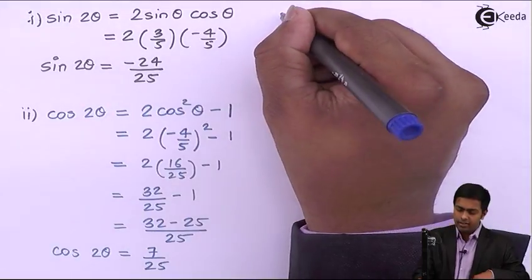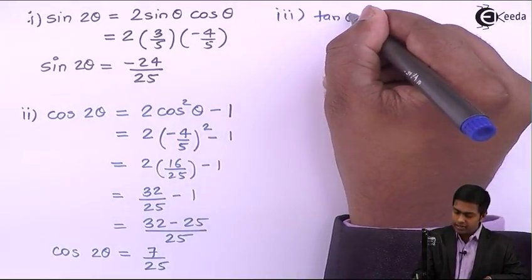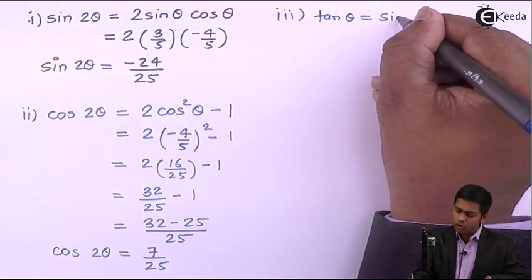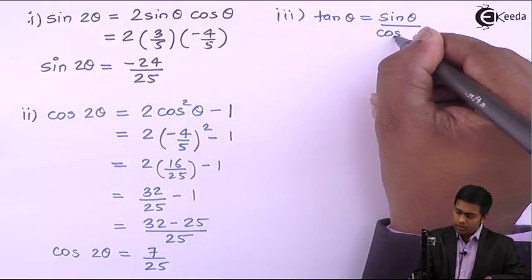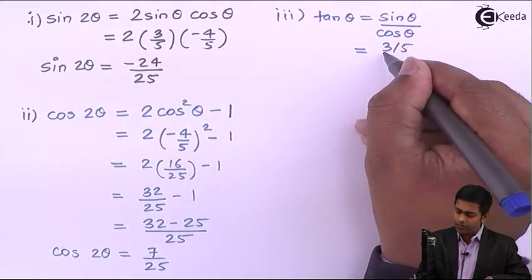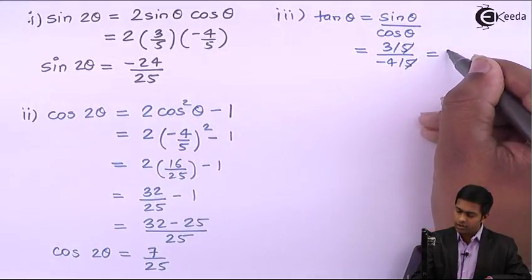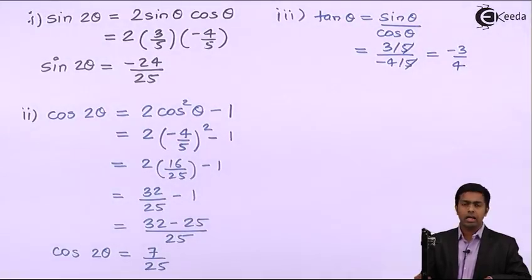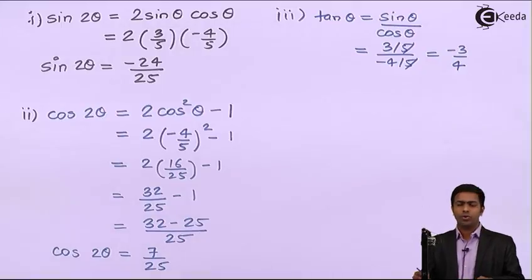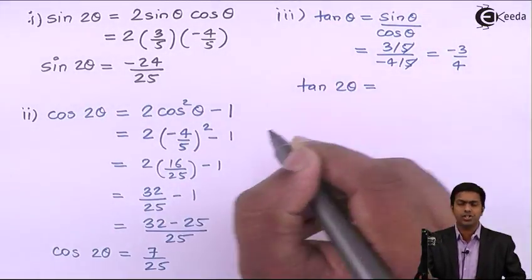So here I will say the third proof, that is tan theta, which is sin theta by cos theta, and the value of sin theta is 3 upon 5, the value of cos theta is minus 4 upon 5, 5 cancelled, we will get minus 3 by 4, and we will use this value to get the value of tan of 2 theta, which is our question.